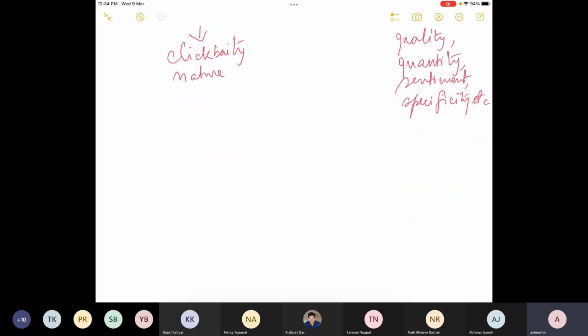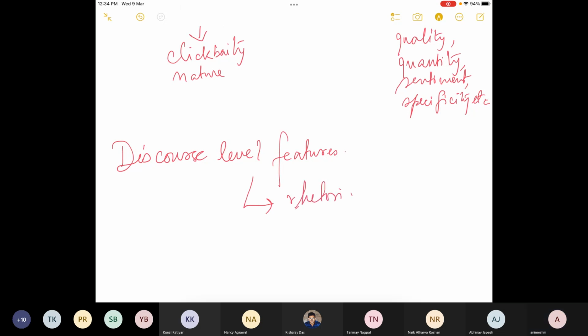And then finally, they also studied the discourse level. The discourse level features are usually studied by the rhetorical characteristics. Does anyone know what a rhetorical characteristic is?